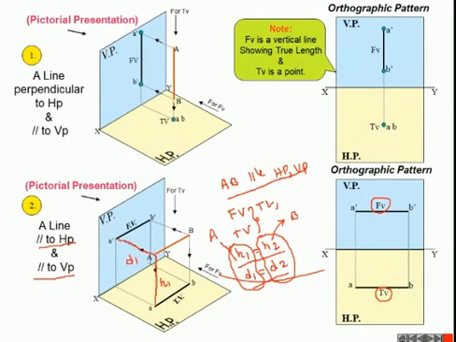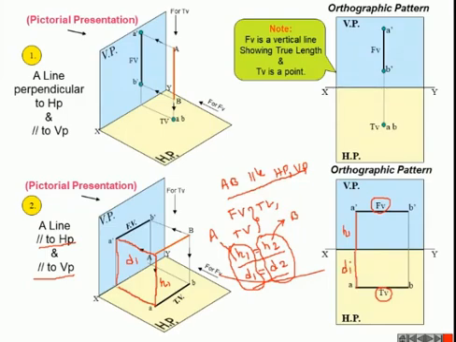H1 is always projected above the XY line only. It is projected on the VP, above the XY line. So this length is H1. And D1 is projected on the horizontal plane, that is below the XY line. So this length is known as D1.